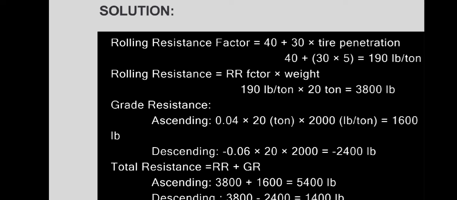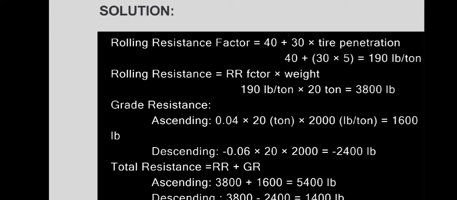So 0.04 times 20 times 2,000 equals 1,600 pounds. The grade resistance descending is going to be negative because going uphill is positive and going downhill is negative. So the grade resistance descending is negative 2,400 pounds.